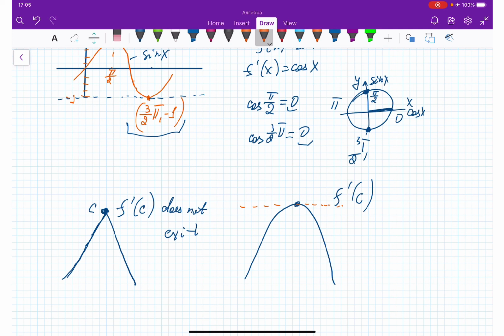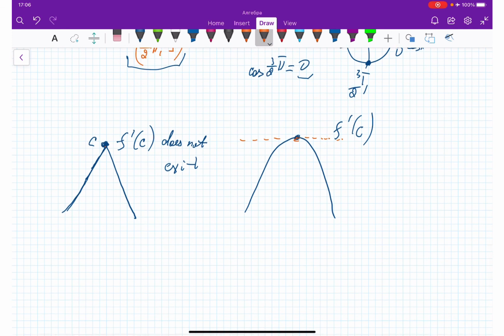All right. And what is interesting is that relative extrema can occur only and only at critical numbers. This is a critical number and this is a critical number, so both of them are critical numbers here. But in one case the derivative doesn't exist, and in the other case it does exist. And relative extrema can occur only at critical numbers.